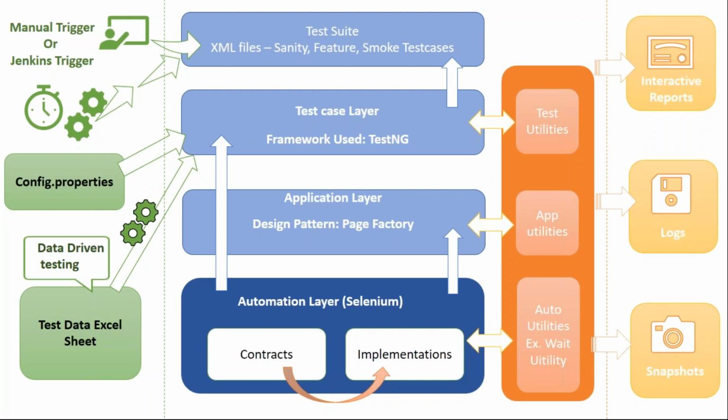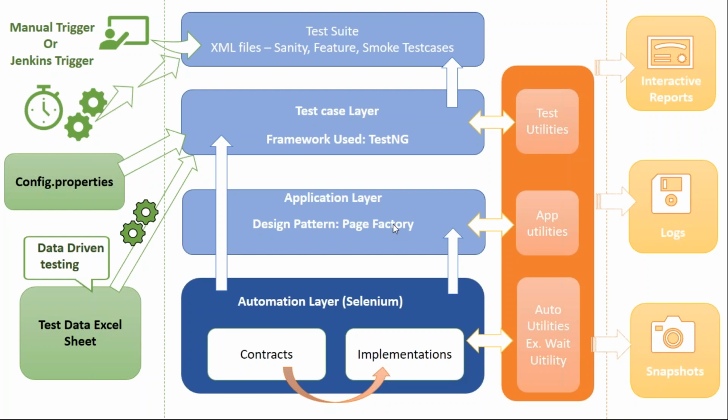If they ask whether you have data driven capability in your project, tell them yes, we are reading from an Excel sheet. They can ask, are you keeping anything hard coded? Tell them no, nothing is hard-coded in our framework. Everything is derived through a config.properties file. So that's the kind of framework we are going to develop.